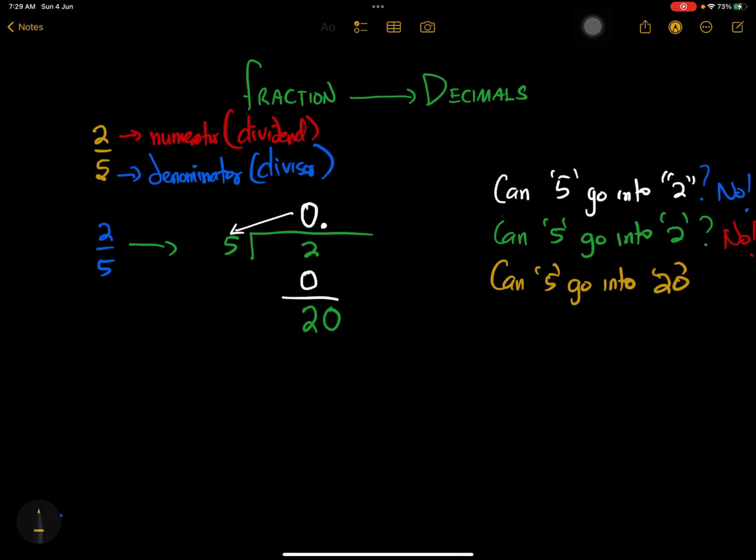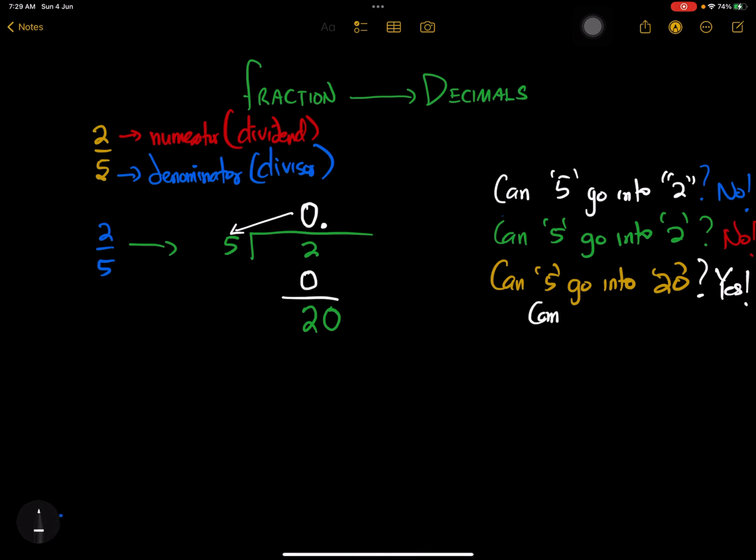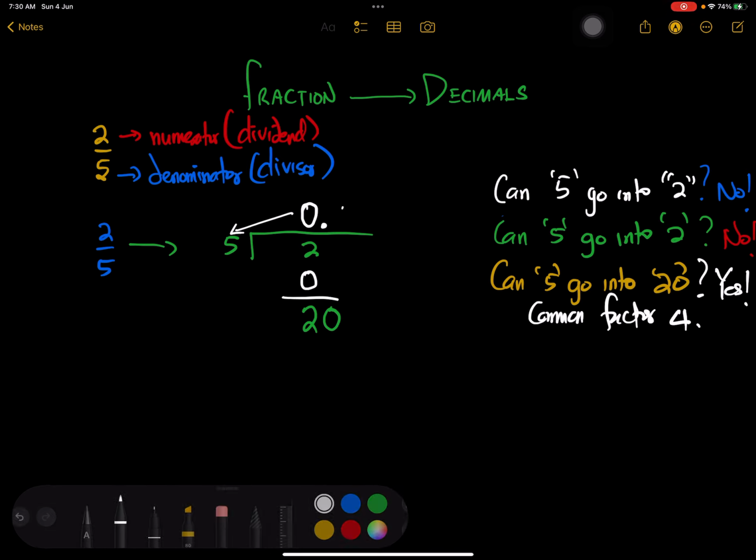The answer is a big yes, because there's a common factor, which is 4. So 5 can go into 20 4 times.